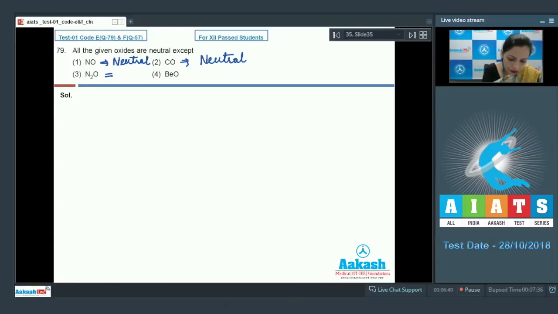Then we have another oxide of nitrogen, this is nitrous oxide. It's also neutral. Because we know that oxides of non-metals are either acidic or neutral. But if we talk about beryllium oxide, this is amphoteric, not neutral. And if it is amphoteric, it means it is not neutral. That's why this is the correct answer for this question. So the answer for this question is option 4.